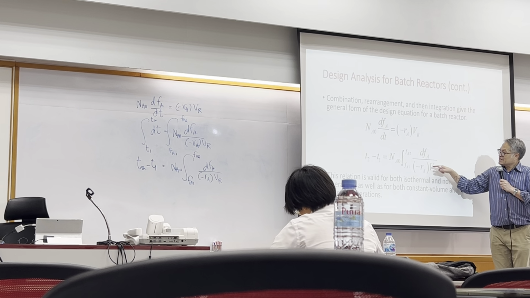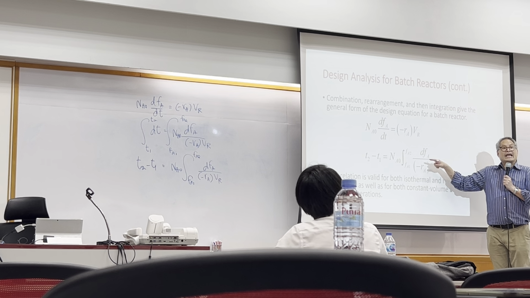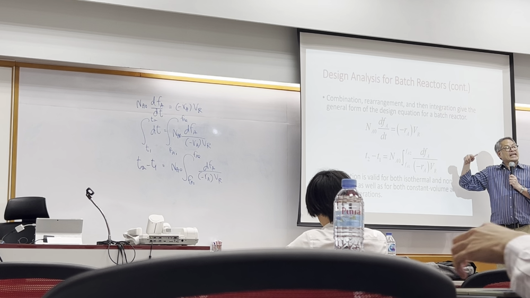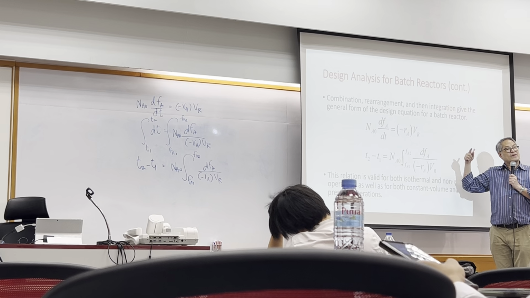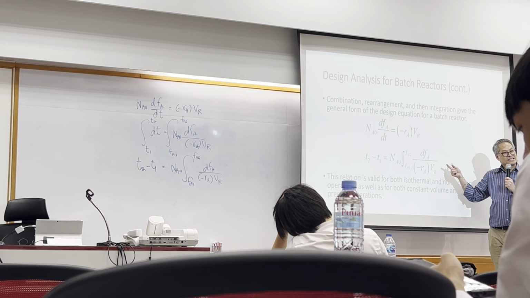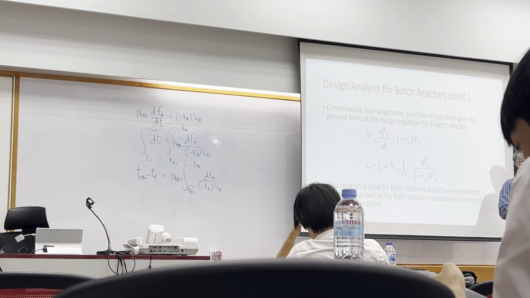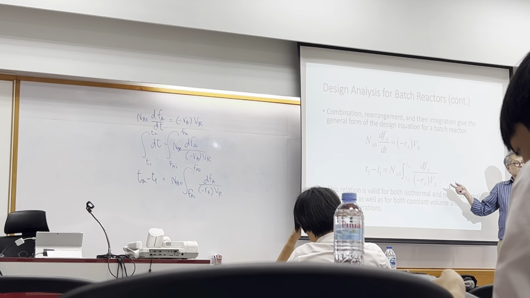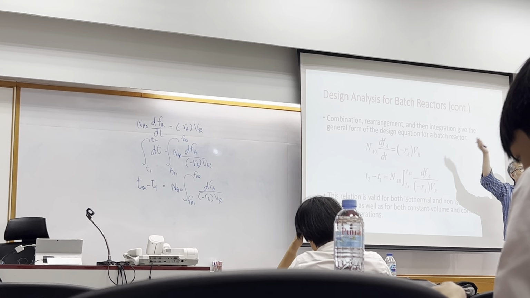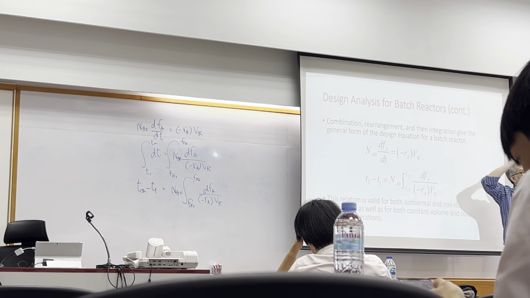So it includes the case where the temperature changes and the case where the volume changes. Temperature can change from the heat of reaction. Volume changes from what? From unequal number of moles on both sides of the reaction.